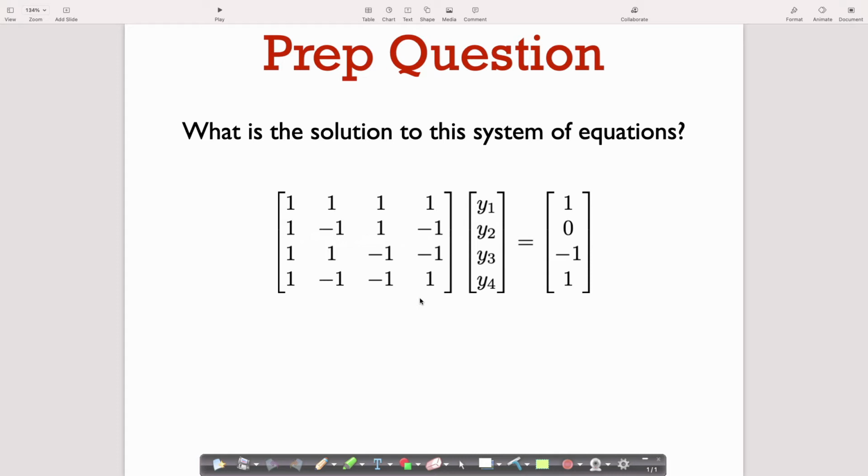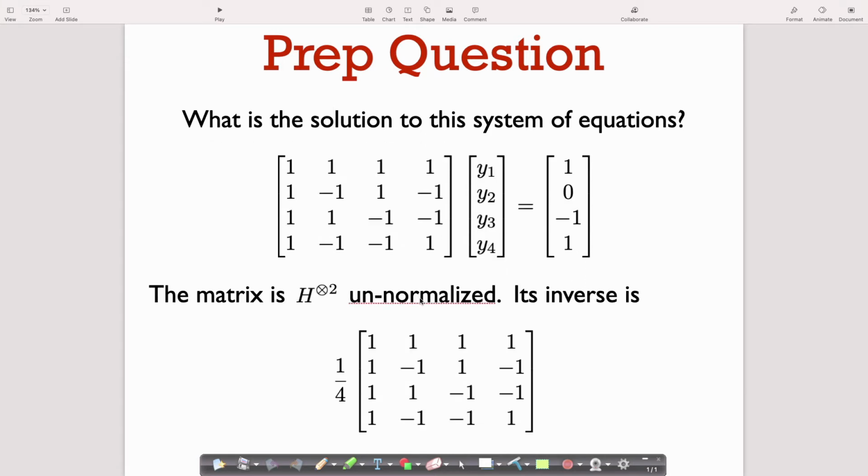Since we actually know the inverse of the Hadamard matrix, we can just multiply by the inverse here and easily solve this system of linear equations.